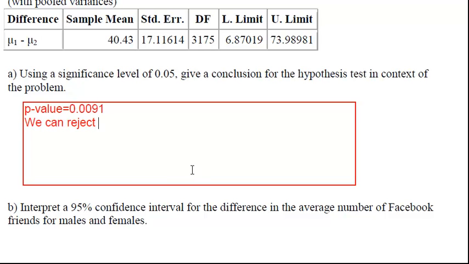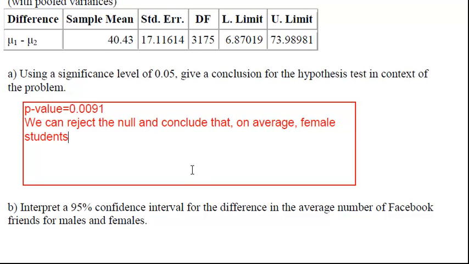So we can reject the null and conclude that on average, female students, because I think this was a survey for actually Chico State students, we'll just say students, have more Facebook friends than male students. Okay, so that gives us a conclusion for the hypothesis test.